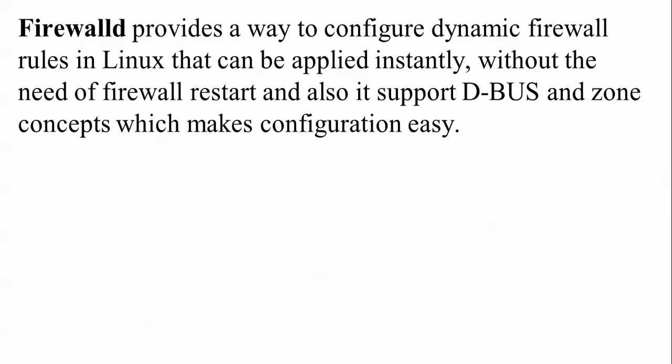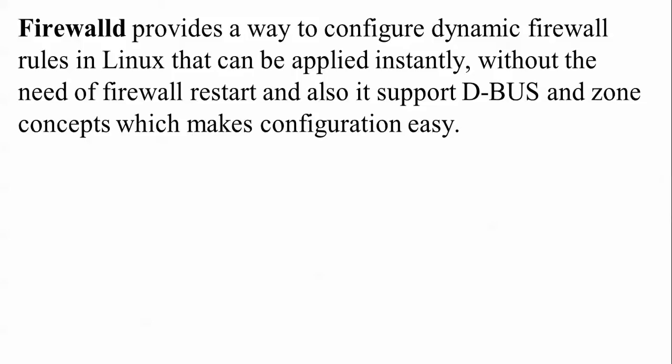Firewalld provides you a way to configure dynamic firewalls in Linux, applied without restarting the firewall. It supports zone concepts, which make configuration easier. In a previous video I showed you how to configure the zones.